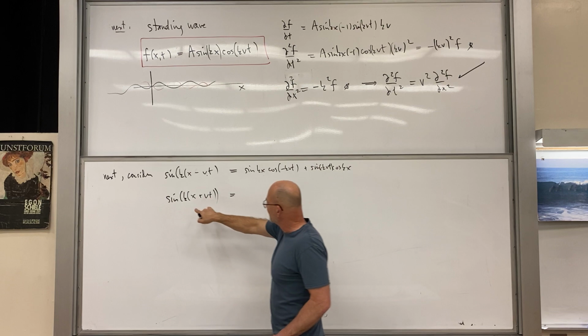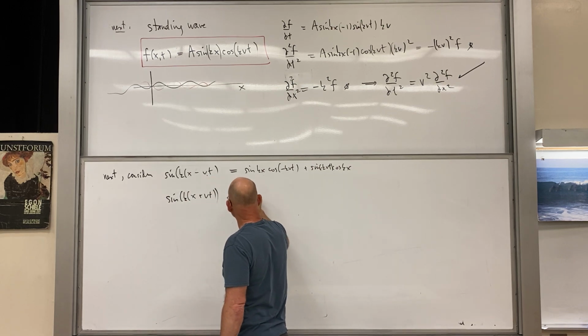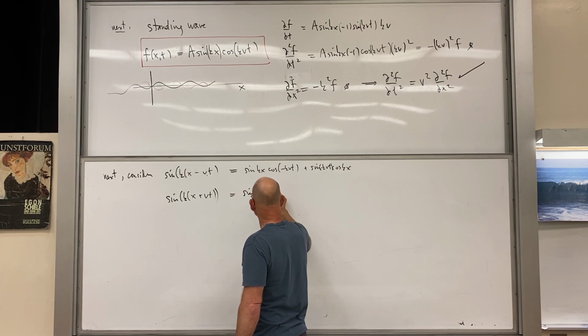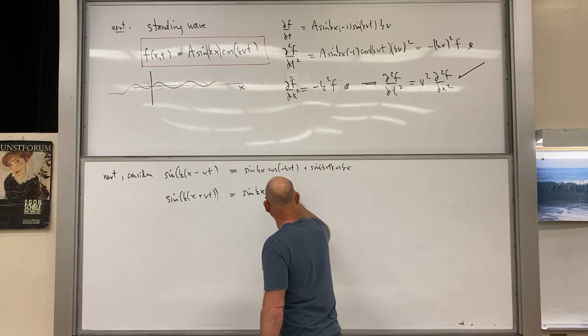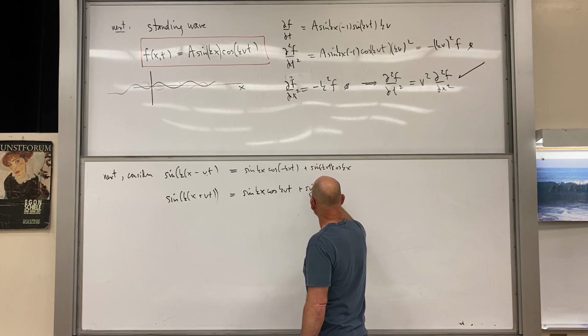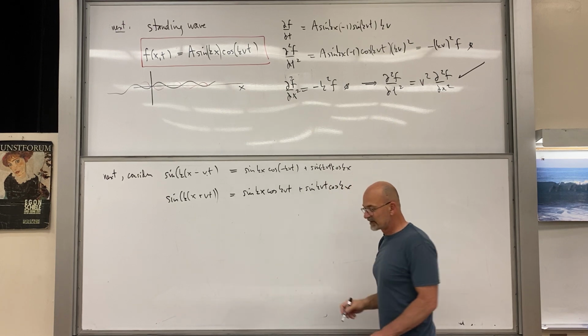And here it's going to be the same with the change minus sign. So here we'll have sine kx cos kvt plus sine kvt cos kx.